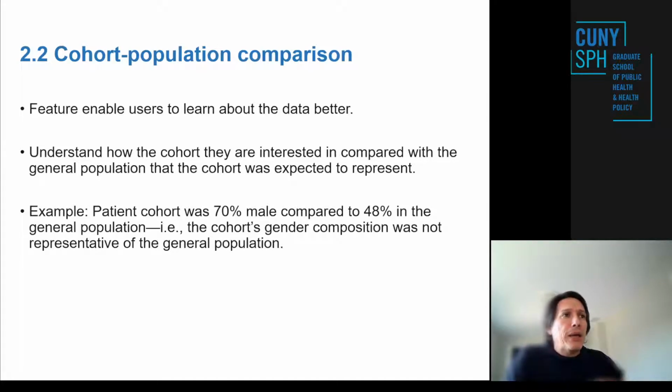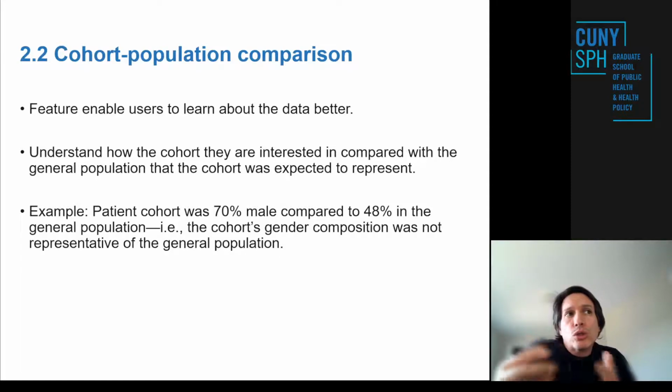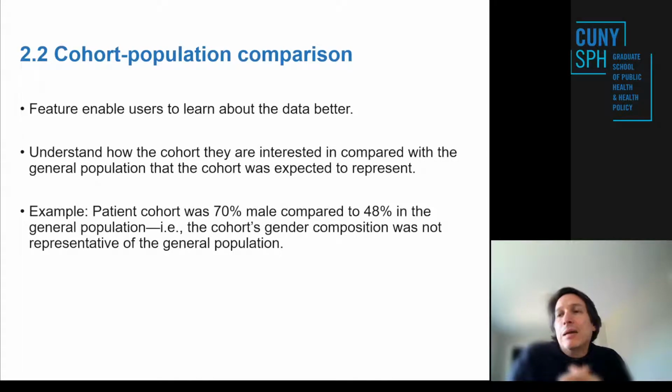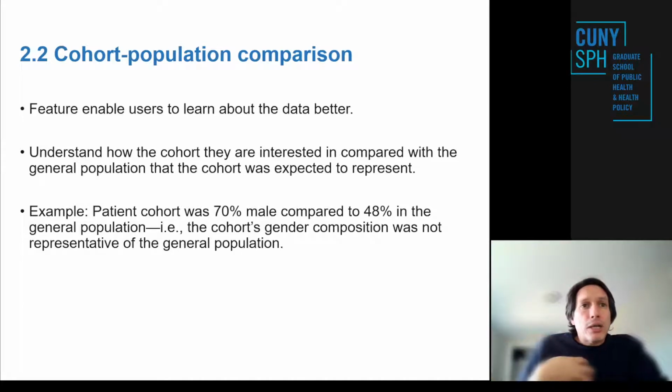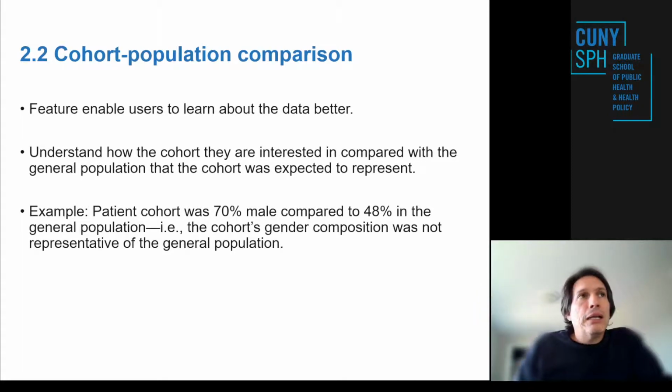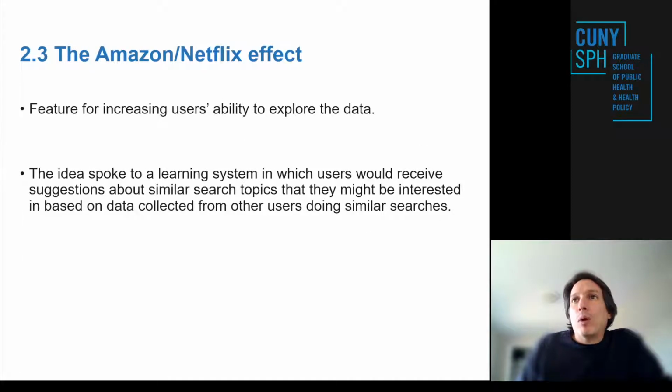For example, if this patient cohort has 70% male, but in the real population we have 48%, then is this something that is really suitable for my purpose? Because it's not representative of the general population. But maybe the research that I'm doing is based only on females, and even that 30% of females is going to be really important for solving my problem.